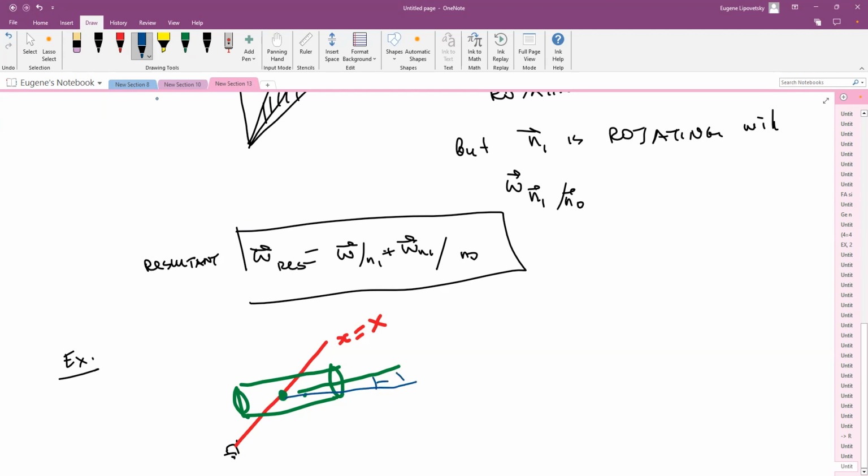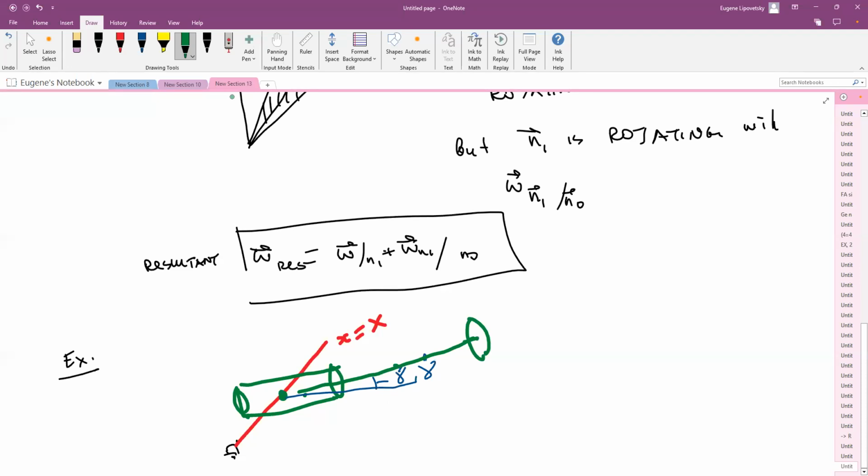This angle is gamma, and gamma dot is also here. And at the end of this axis, there is a wheel.